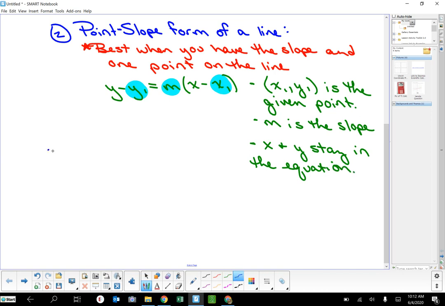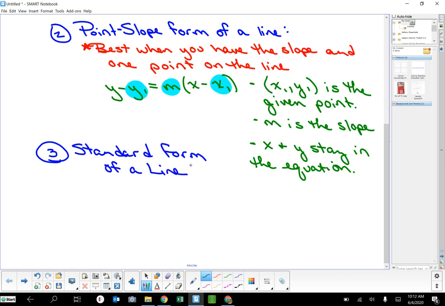The third way to see an equation of a line is in what's called standard form. This will be in our next video. This is going to be chapter 3, section 8, and it will be covered in the next video.